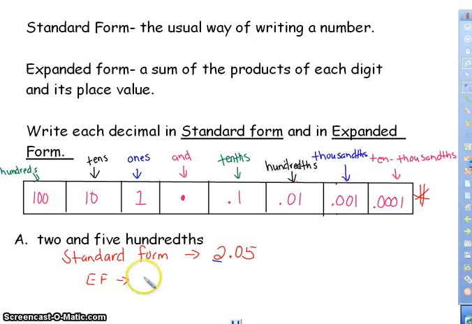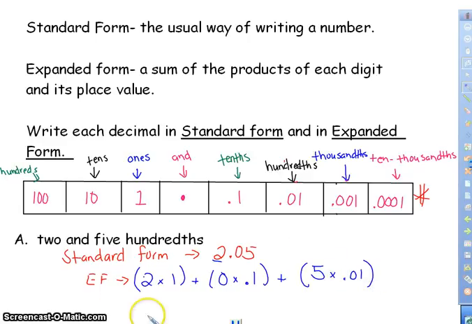So for 2, I would take 2 times 1, because that's the place value it's in, put it in parentheses, plus, now I have 0, and it would be 0 times, the 0 is in the tenths spot, so 0.1, plus, and then I would take my 5 times, and that's hundredths, so 0.01. And that would be expanded form. So the first number represents the numbers here, okay? And the second number represents the place value that each number is in, and that comes once again from this chart, okay?